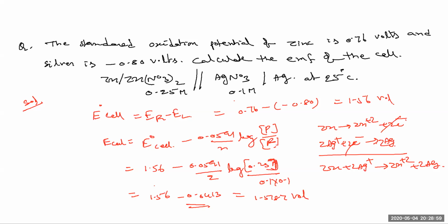Next class we will discuss the applications of the Nernst equation, and the last part, primary cells and batteries. I think next class I will complete electrochemistry, and today I will send a worksheet or assignment in the group or Google Classroom.